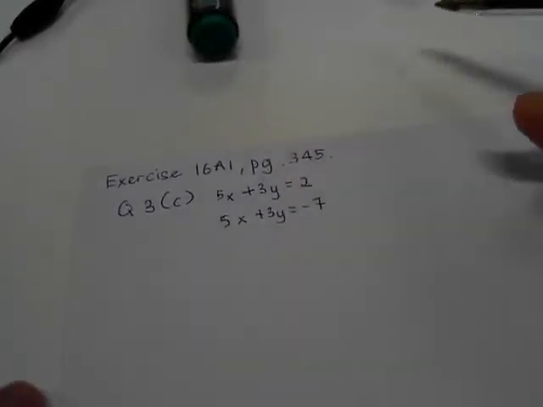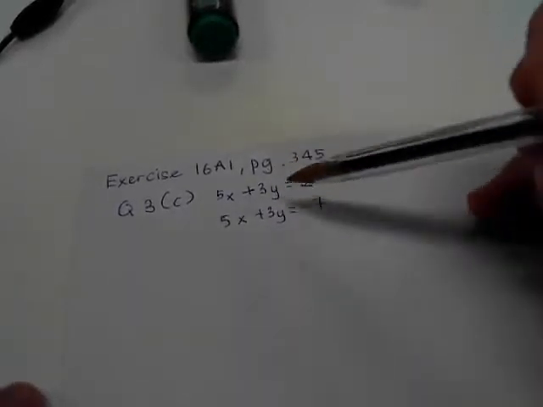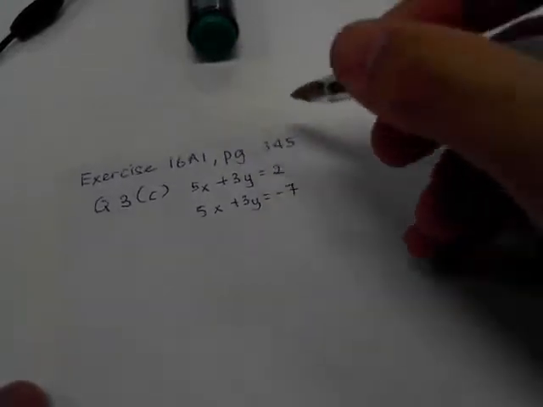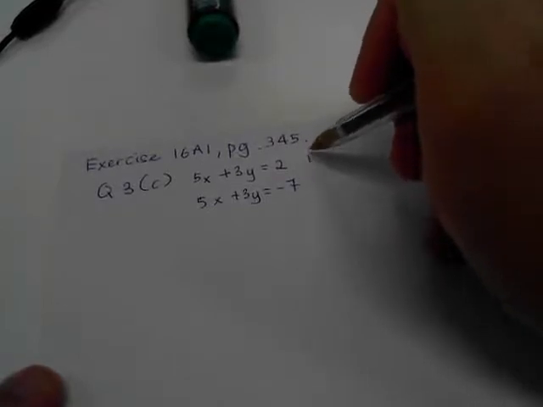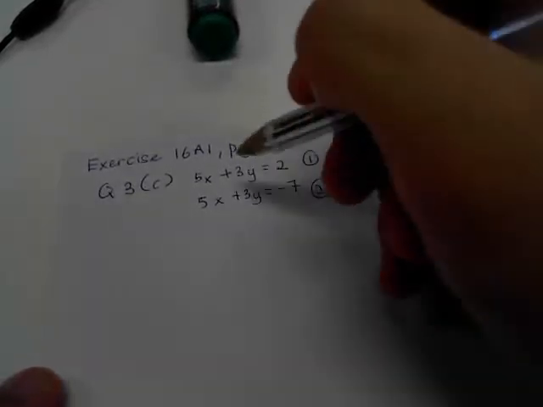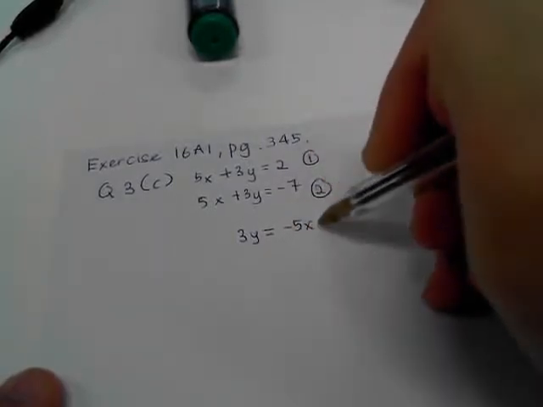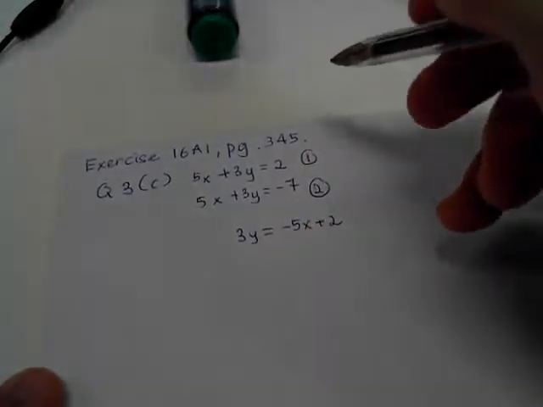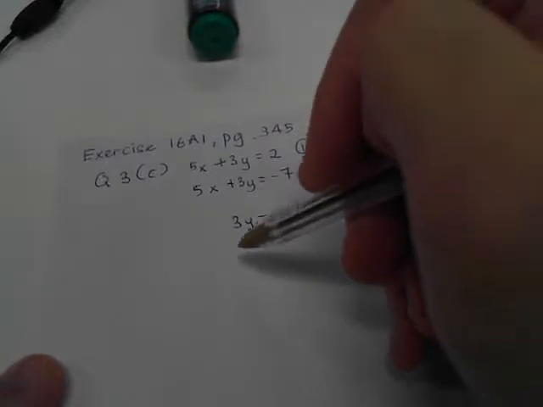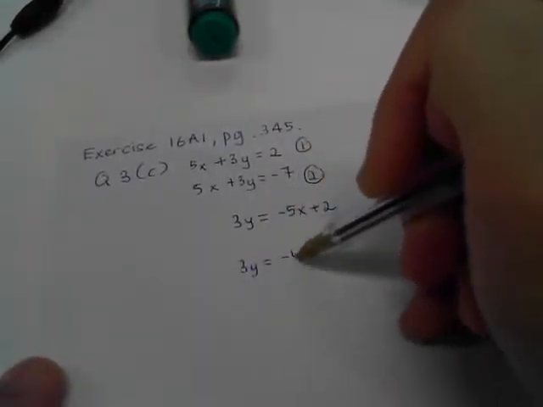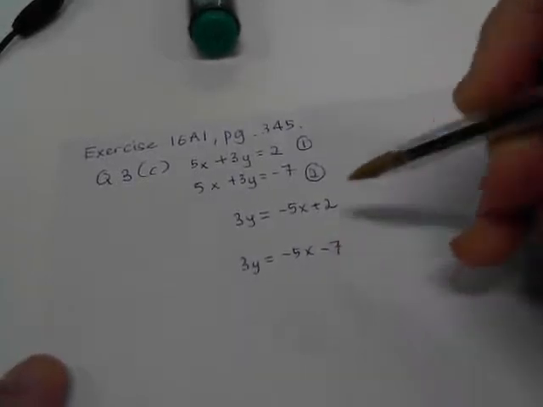looking at this one here, if we try the substitution method and we try to rearrange, let's just say you have equation 1 rearranging into 3y = -5x + 2. And if we rearrange 2 as well, 3y = -5x - 7.